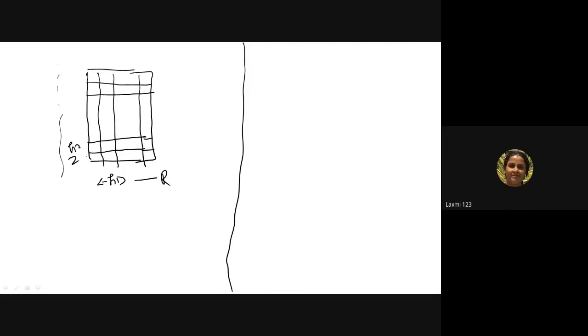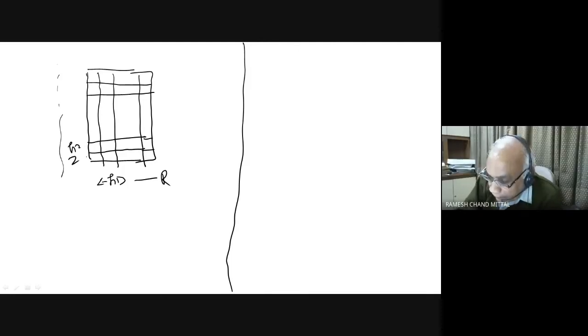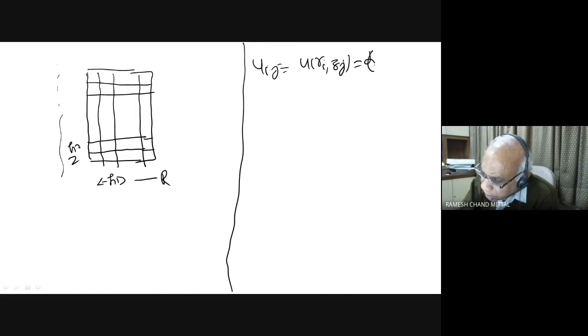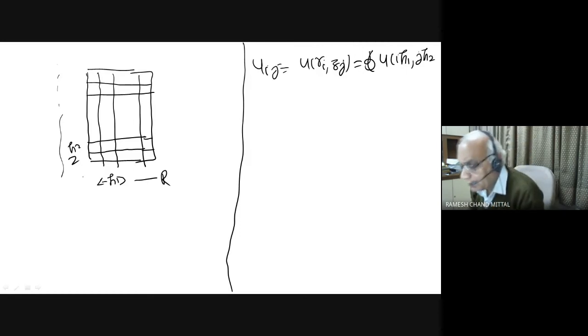Then if I solve my equation, my Uij is nothing but U of Ri, Zj, which is Ri = iH1 and Zj = jH2, where my base is 0 and my center is at 0.